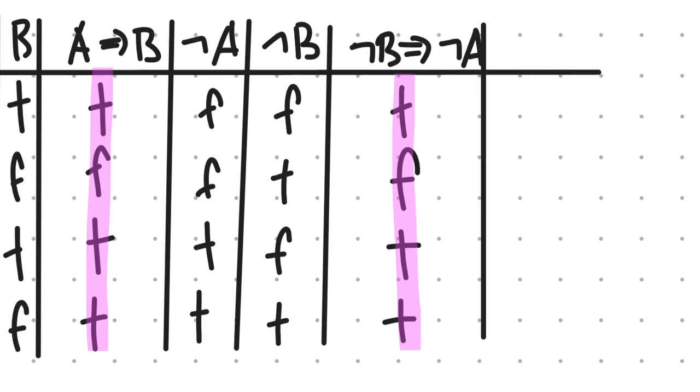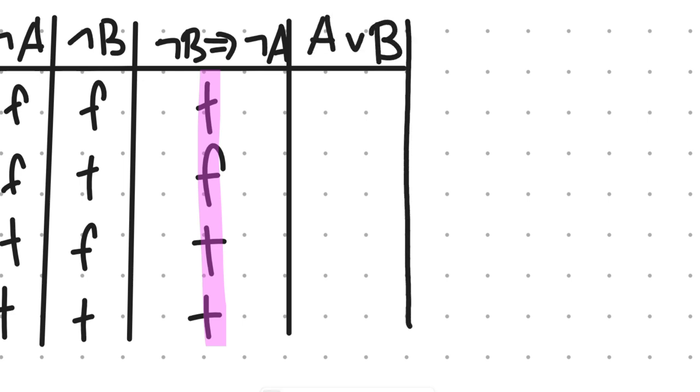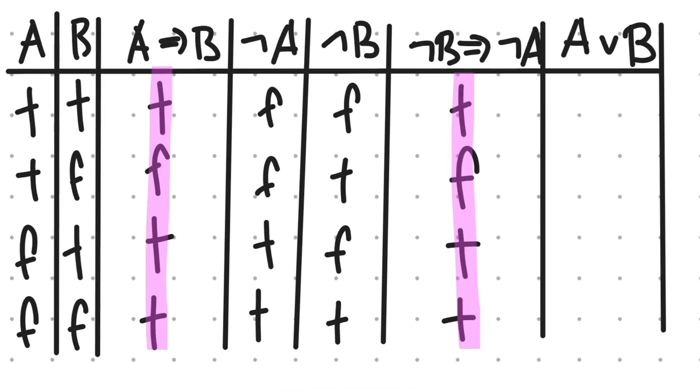Now, the last one we have to prove is not A or B. In order to prove not A or B, we can first of all write A or B. If we write A or B, it means that at least one of the statements should be true. So for the first one, we have two true statements, so it is true. The second one is true false, which means we already have one true statement.